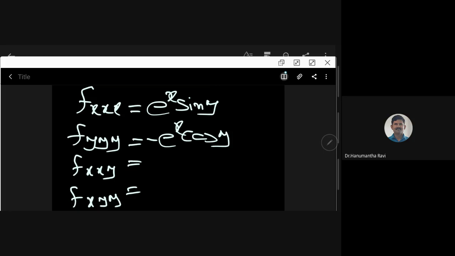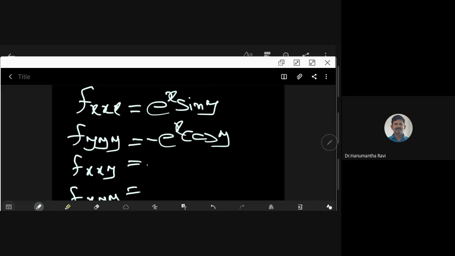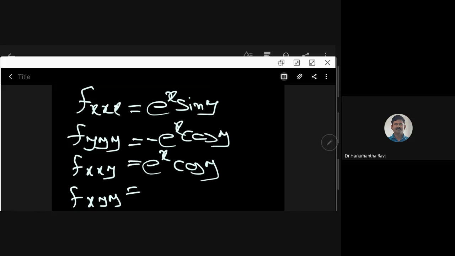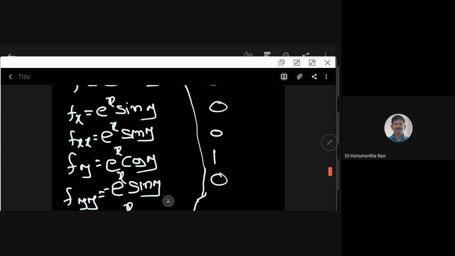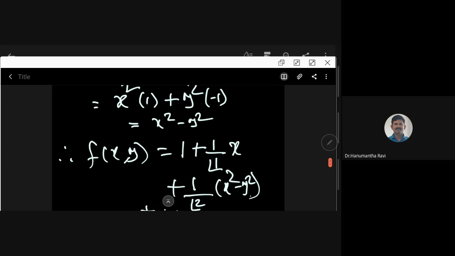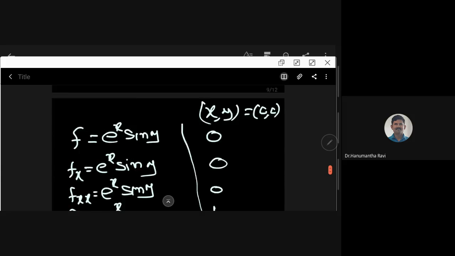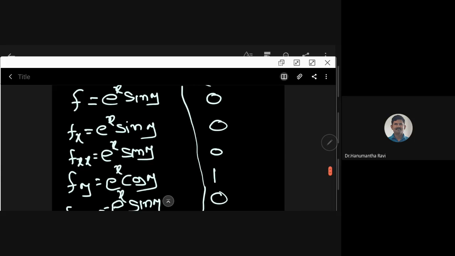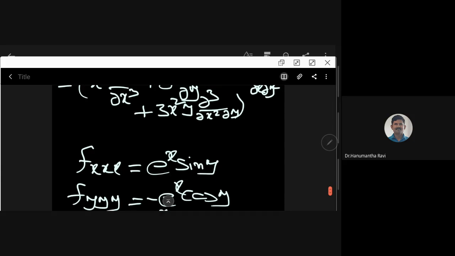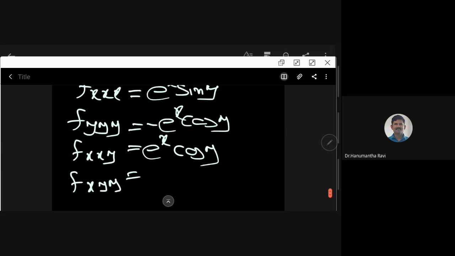Then fxxy. Fxxy means you will get e power x cos y. You can check how: you go to fxx, and with respect to y, so cos y. And what else is left? fxyy.